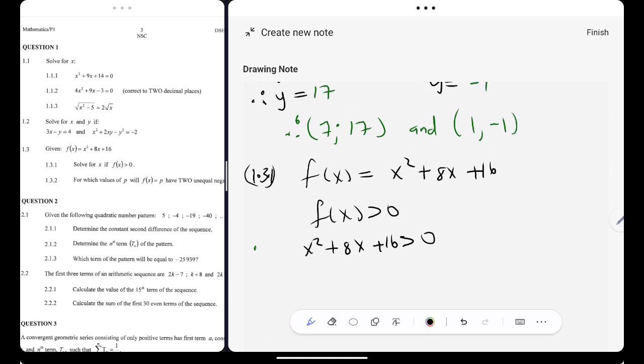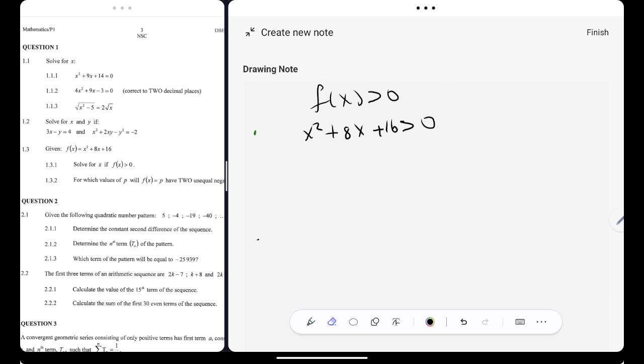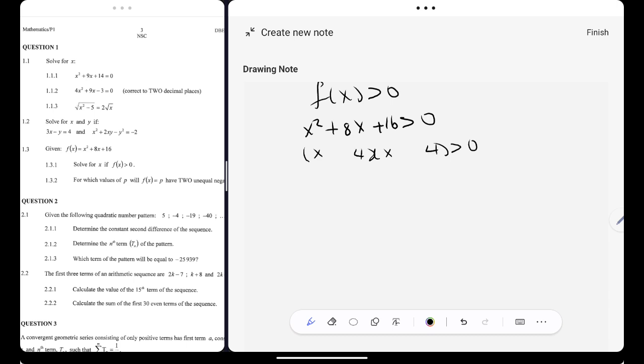Okay, here all I need to do is to just factorize this. x plus 4, plus and plus. So I can write this as x plus 4 all squared. This statement is always true regardless of the value of x. The statement will always be greater than 0. Why?